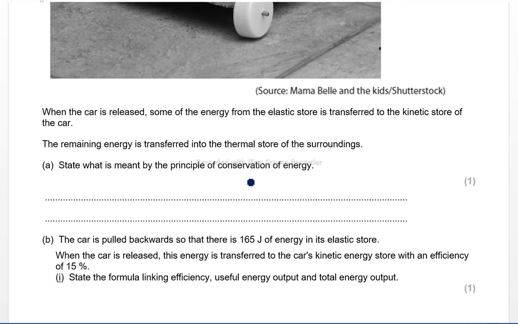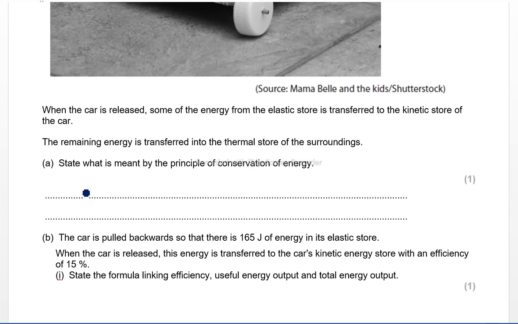State what is meant by the principle of conservation of energy. I assume you know these things, you have learned these things, right? So what does the principle of conservation of energy mean? Energy cannot be created or destroyed.